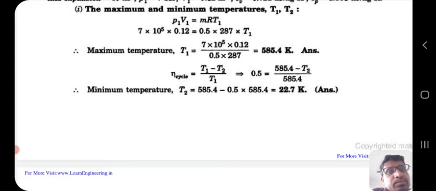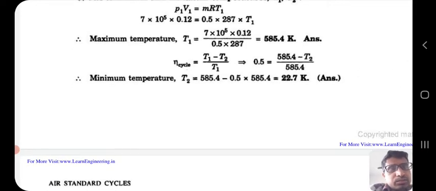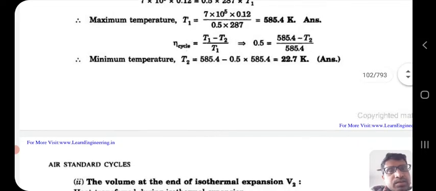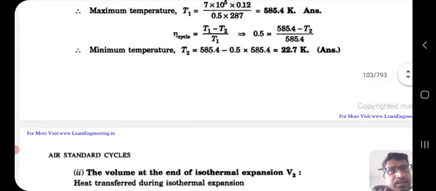The maximum and minimum temperature, T1 and T2. P1 V1 is equal to m R T1, so 7 into 10 to the power 5 into 0.12 equal to 0.5 into 287 into T1. Maximum temperature T1 is equal to 7 into 10 to the power 5 into 0.12 divided by 0.5 into 287, that is equal to 585.4 Kelvin.